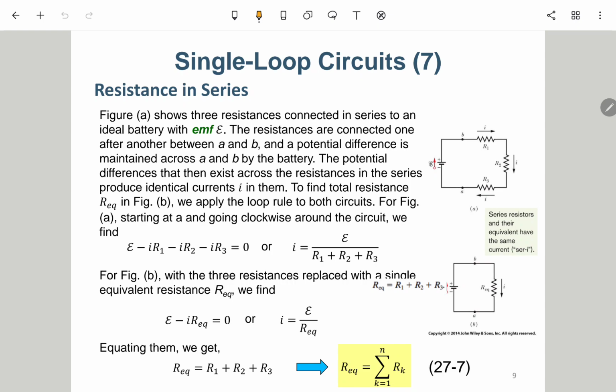But if you want to get familiar with KVL, you can try to do it by yourself. You just start at this point and then go in the clockwise direction. So this is plus E and then minus all these three resistances like this. Then finally we'll get this expression.